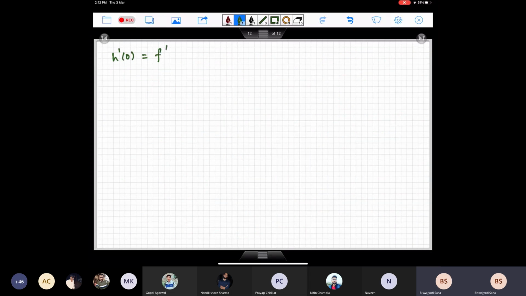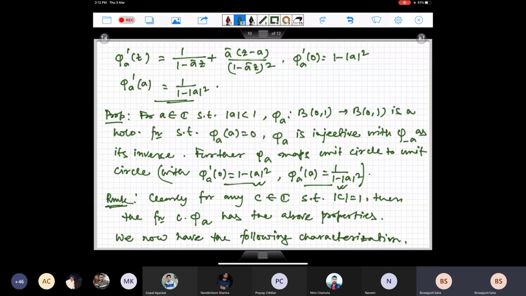So this is F prime of phi minus A of 0 times phi minus A prime at 0. So this is F prime at A times 1 minus mod A square, because this is what phi minus A prime of 0 is. I calculated it last day. Whether you take A or minus A doesn't matter.